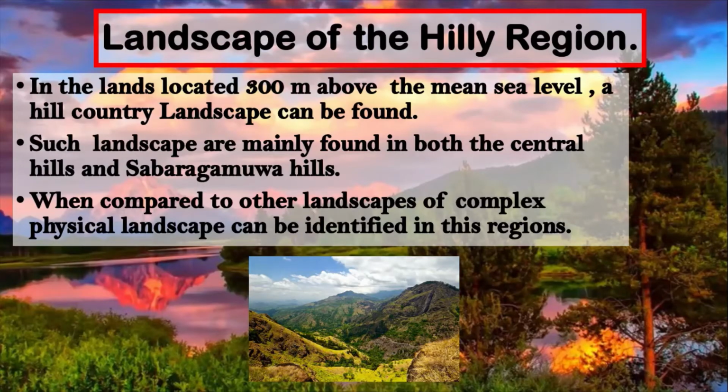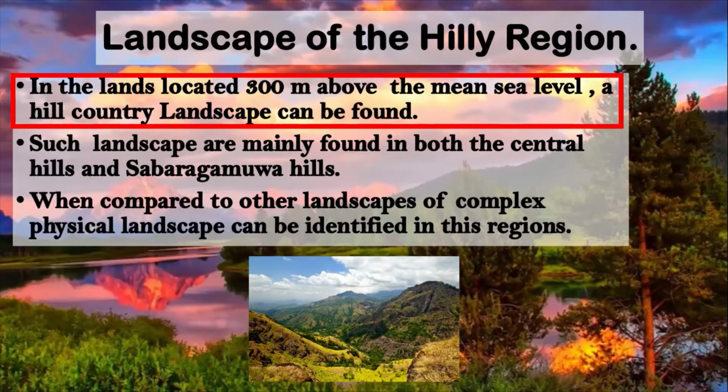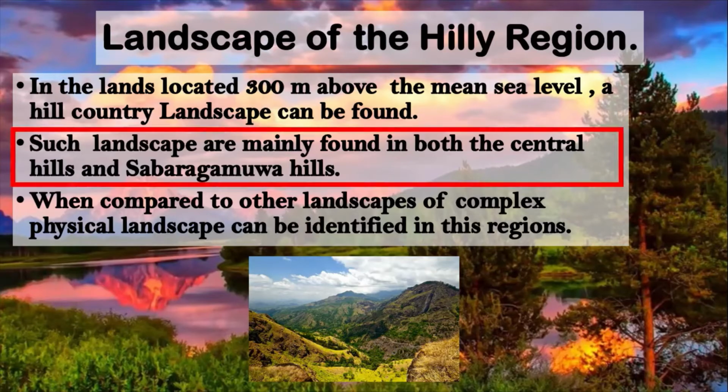Then, let's learn about the landscape of the hilly region. In the lands located 300 meters above the mean sea level, a hill country landscape can be found. Such landscapes are mainly found in both the Central Hills and Sabaragamuwa Hills.